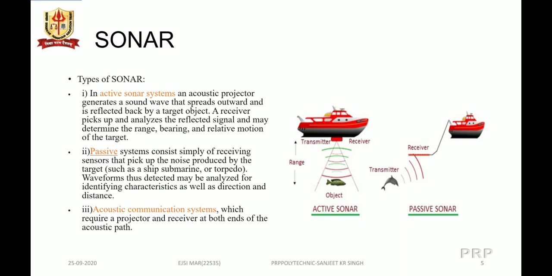Waveforms thus detected may be analyzed for identifying characteristics as well as direction and distance. The adjacent diagram shows the two types, active and passive sonar. The third type, the acoustic communication system, requires a projector and receiver at both ends of the acoustic path.